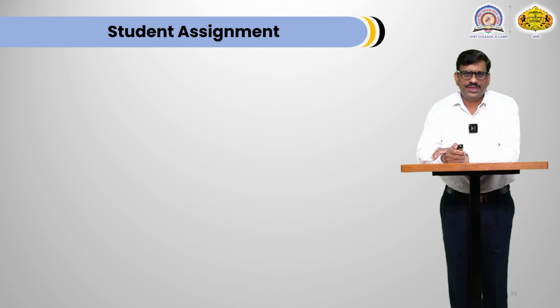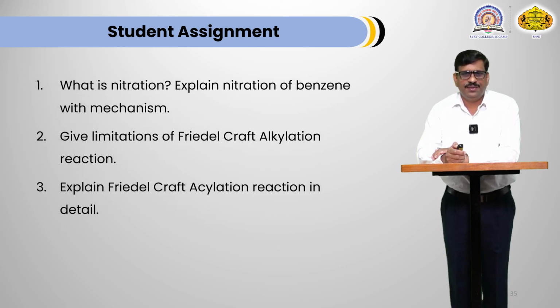Now, based on today's discussion, you have to solve these questions and send them on my Google Classroom. First question, what is nitration? Explain nitration of benzene with mechanism. We have seen the detailed definition of nitration as well as the mechanism of nitration. You have to write all these things and send it to my Google Classroom.